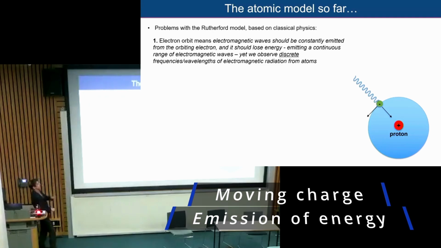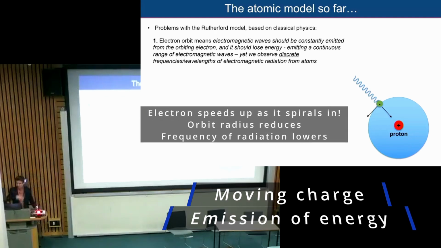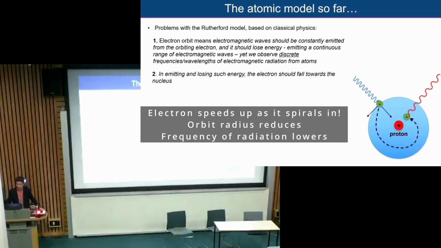And not only that, because it's emitting energy, we should expect it to eventually spiral in towards the positively charged proton. You know, these two are attracted to each other, and it's just going to be this loss of energy as the electron emits radiation.